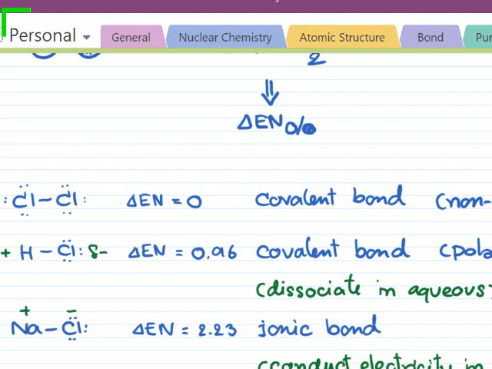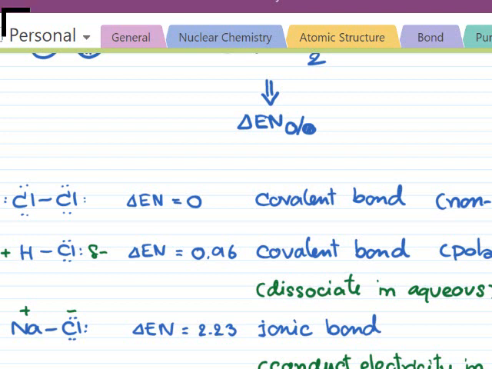But if you have low EN atoms linked together, then it is a metallic bond. And if one of the atoms has very low EN and the other has very high EN, then we have charge separation. The low EN atom becomes positive, the high EN atom becomes negative. And if the charge separation is high enough, then you have an ionic bond.